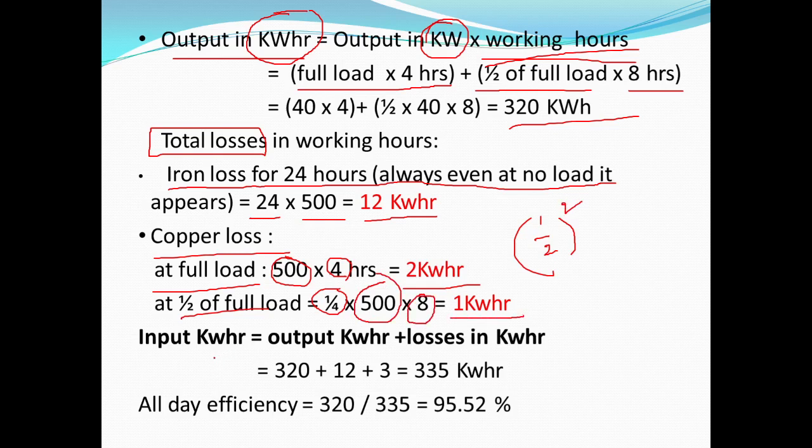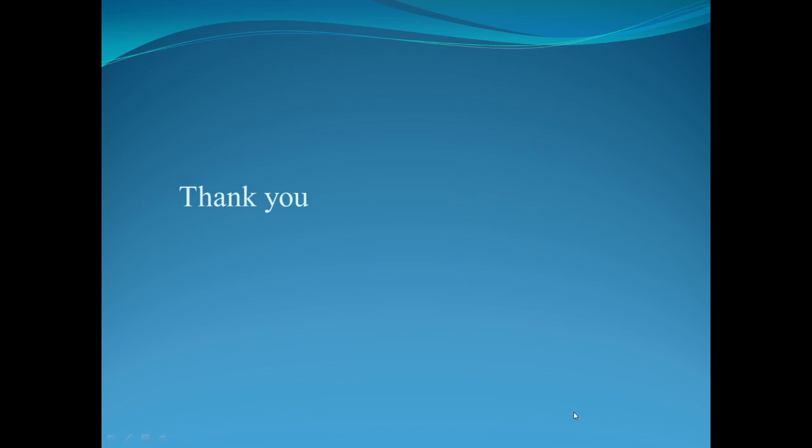So input energy is equal to output energy plus losses in kilowatt hours: 320 plus 12 plus 3 is equal to 335 kilowatt hours. So all day efficiency is output energy in kilowatt hours to the input energy, that is 335. So we get 95.52 percent. Thank you.